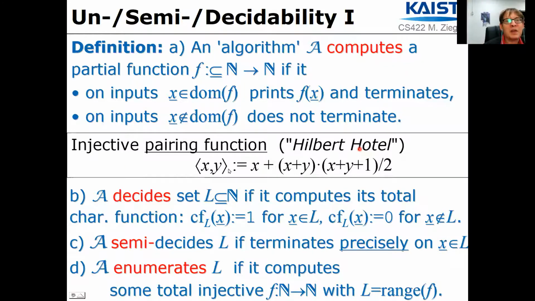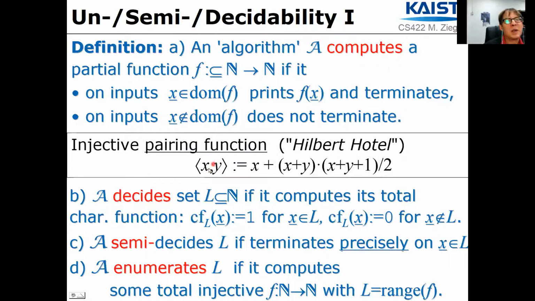And this is where the pairing function comes into account. Namely, we apply the pairing function with x being the number of the bus we're considering. So we look at one bus, let's say bus number x, and in bus number x, we look at the passenger number y. Since this is countably infinitely many, it means that every bus and every passenger in any bus can be described by a natural number.